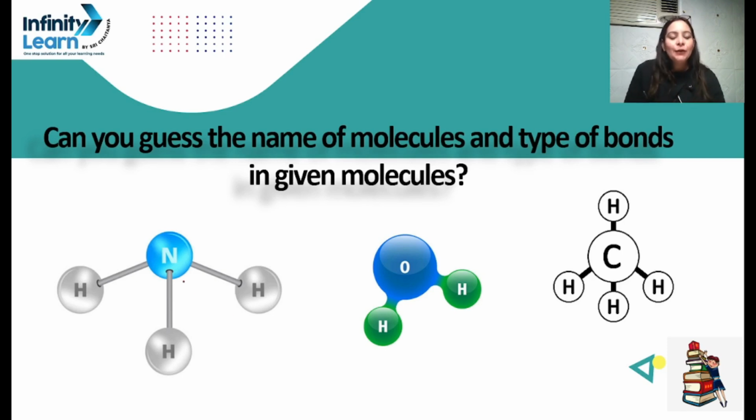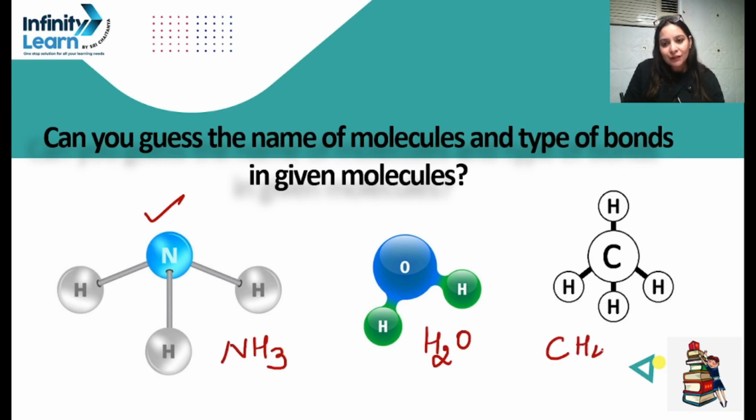Okay, let me tell you, this first one, I'll total it, is NH3. NH3 is nothing but ammonia. And this is H2O, which means water. And this is C, 1 C and 4 H, that is methane. So, these are all molecules, you can state their names: ammonia, water and methane. Now, what kind of bond?